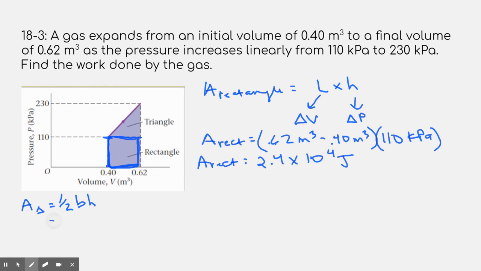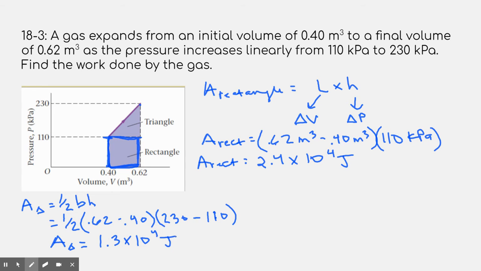So let's plug that information in: 1/2 times 0.62 minus 0.4, and the change in pressure this time will be 230 minus 110, because the pressure here is 230 and the beginning was 110 for this section. Then the area for our triangle will come out to 1.3 times 10 to the fourth joules.